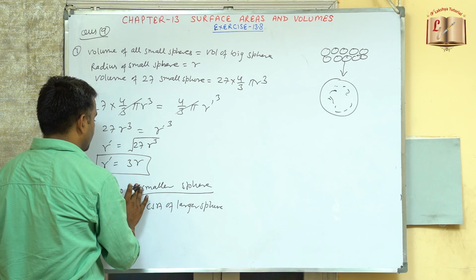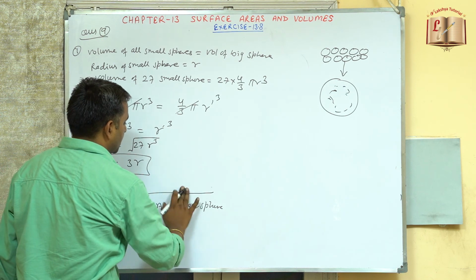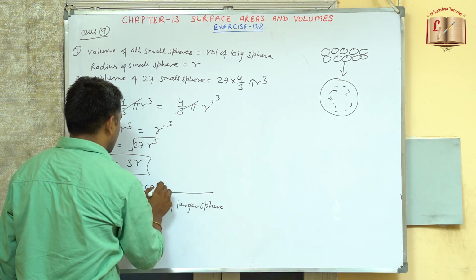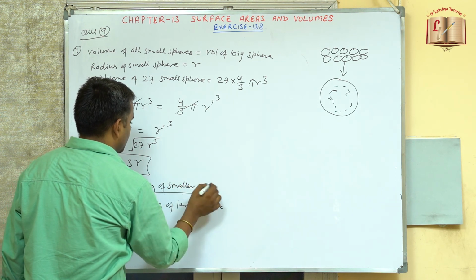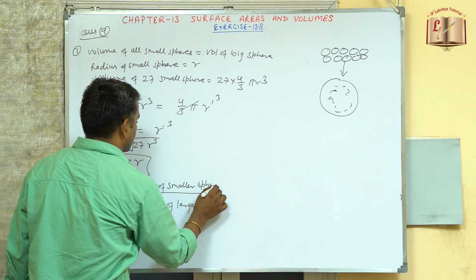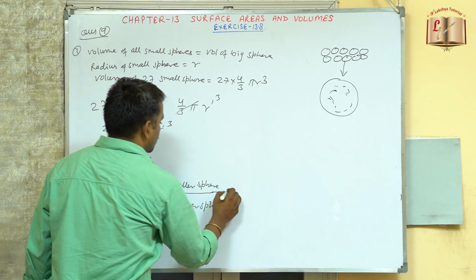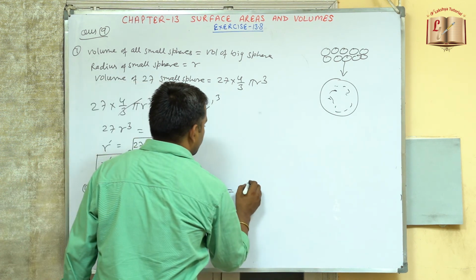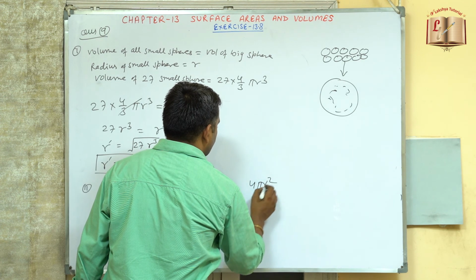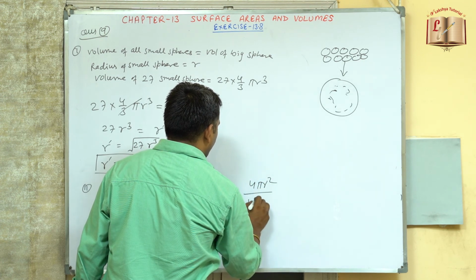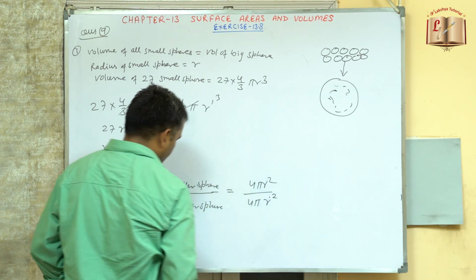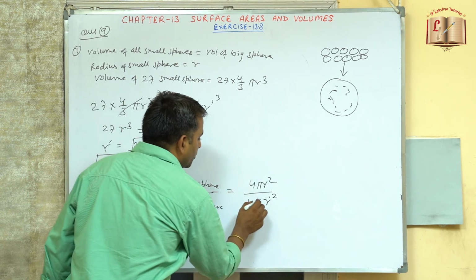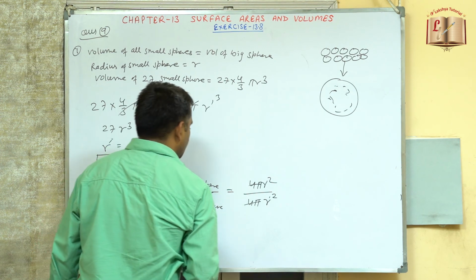I'll write it as ratio of CSA of smaller sphere. So this will be equal to CSA given as 4 pi r square divided by 4 pi, larger one is r dash square.